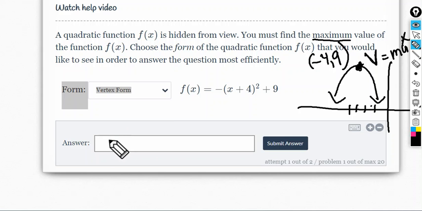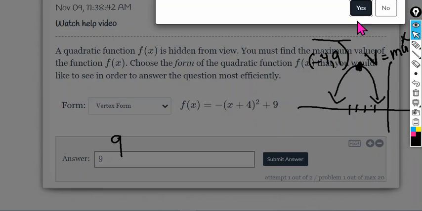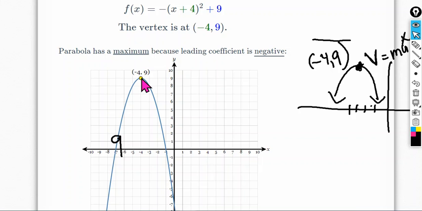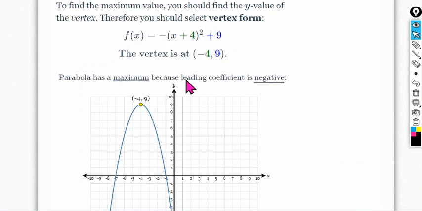The maximum is 9. No work, because the vertex was given to you with the format of the equation. So I would type 9. Automatically it gives me the vertex.